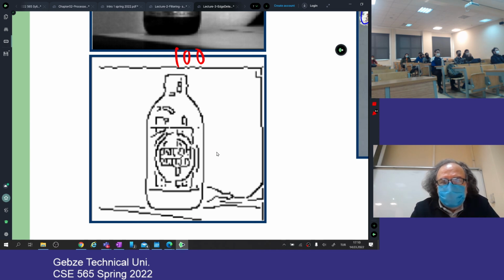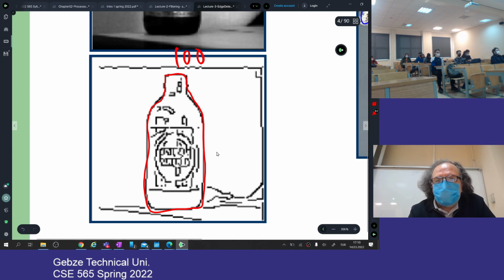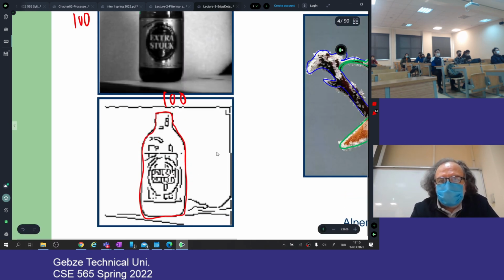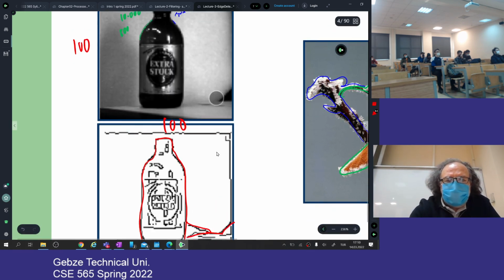It looks like for these edges, it corresponds to the object border, but how about this one? There is an edge here and there and there and there. They don't correspond to the object borders at all. And on the bottle itself, let's look at this one.